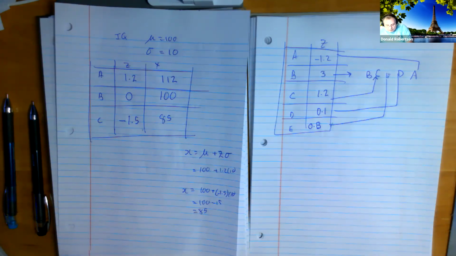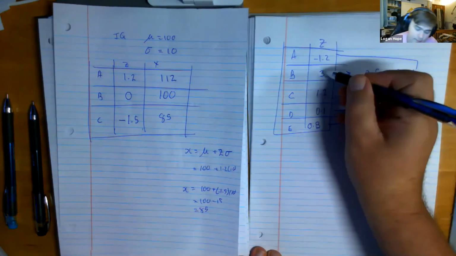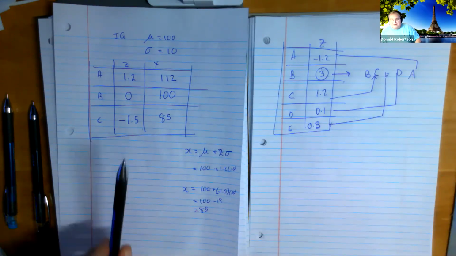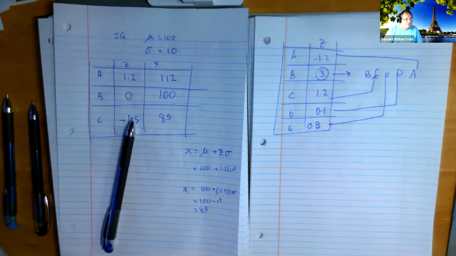And one of these people I would even consider to be exceptionally tall. Who in this list of 5 people would be considered to be exceptionally tall? B. Because Z-scores of 3 or bigger are considered outliers, and that's how we decide if you are too big or if you are too small.